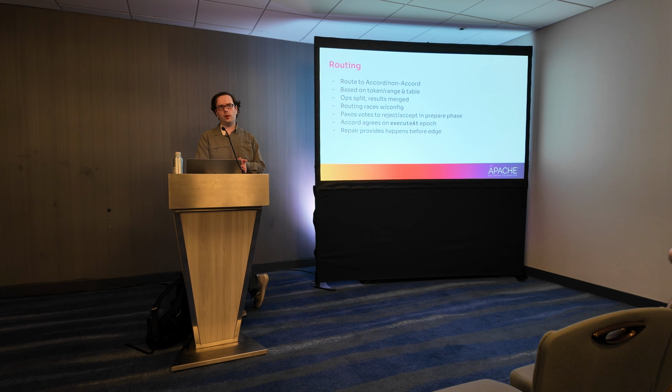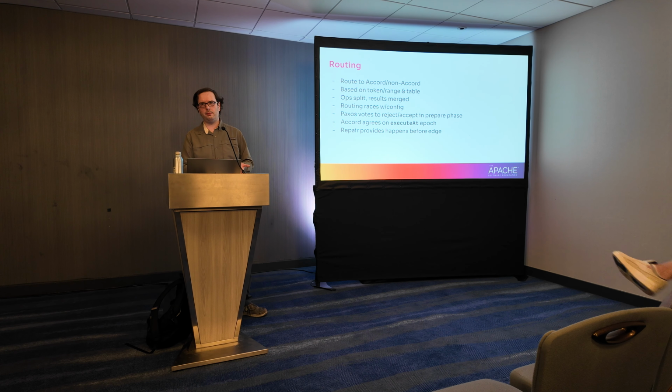And then Accord will come do a Paxos repair on that key, and it will make permanent one outcome: either it did occur on Paxos or it was invalidated if it didn't occur on Paxos. And so that's the interaction between racing proposers, one trying to run on Accord and one trying to run on Paxos.